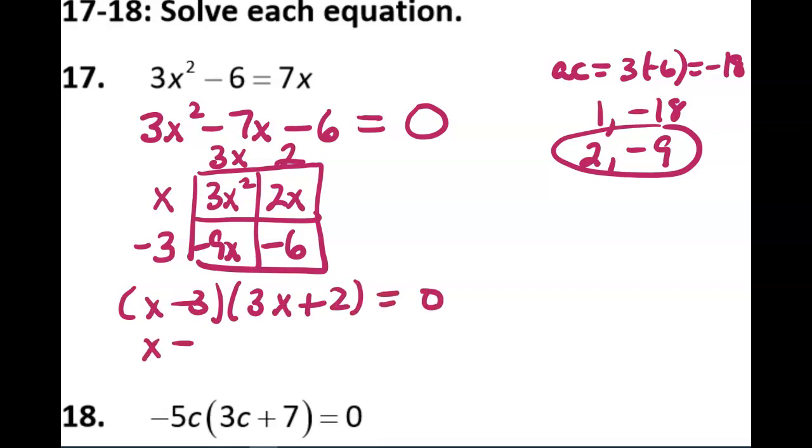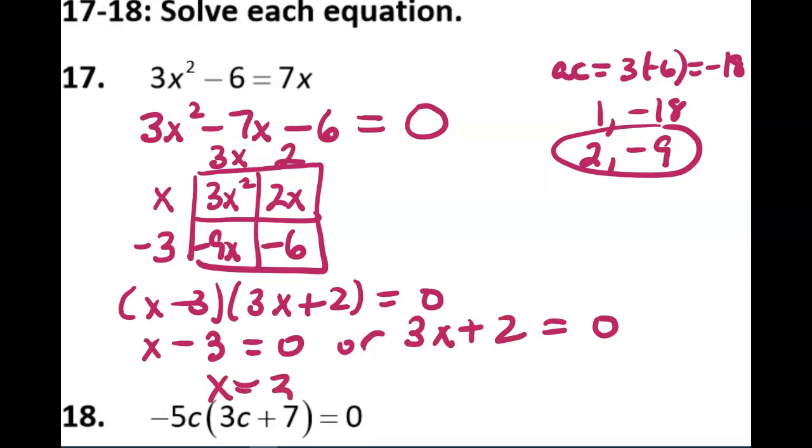That's going to give us x minus 3 equals 0, or 3x plus 2 is equal to 0. If we add 3, we get x equals 3 for the first equation. And then if we subtract 2 and then divide by 3, we get -2/3 for the second.